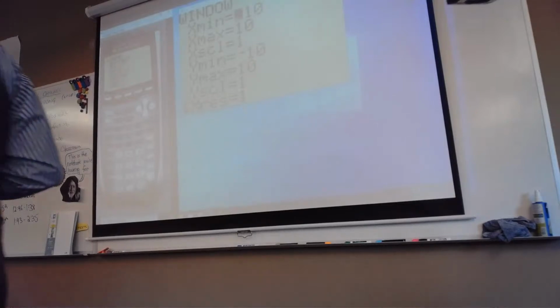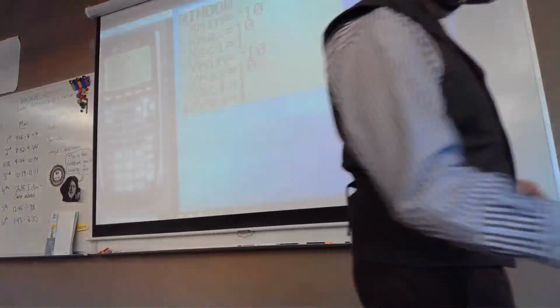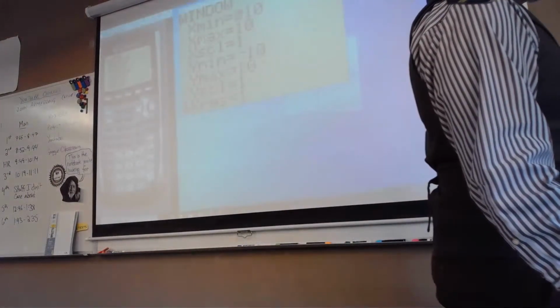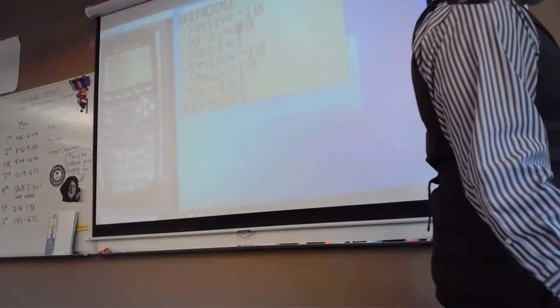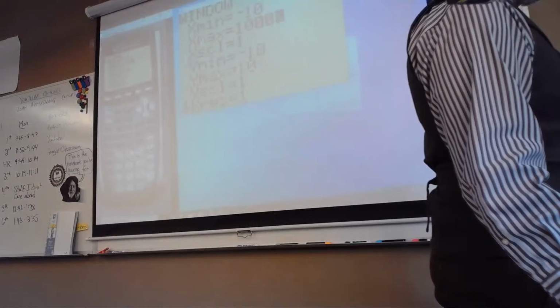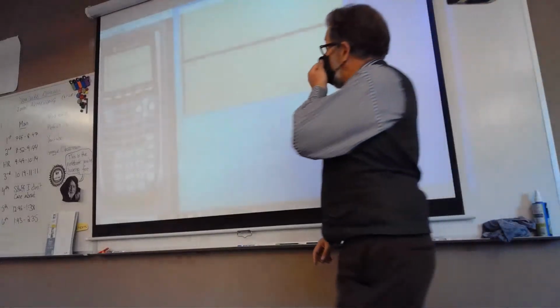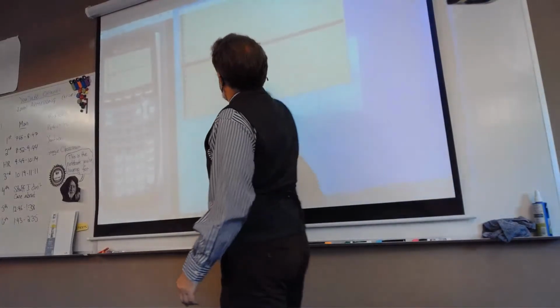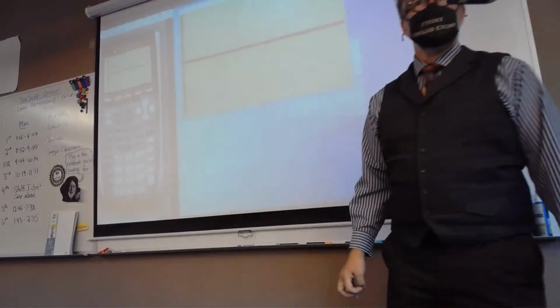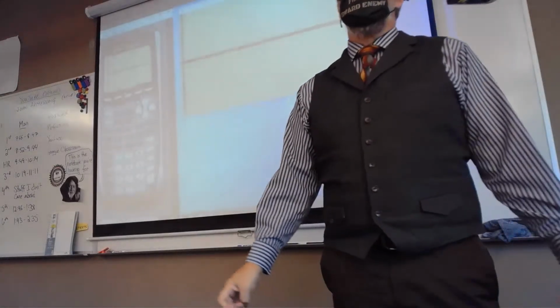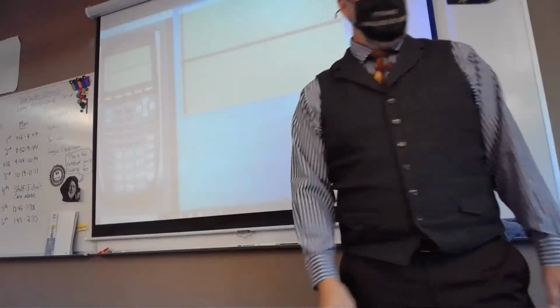If you go from 0 to 1,000, let me show you what that looks like if you've got a tick of 1. There's 1,000 ticks on that axis. Not very useful. Hard to read the graph.